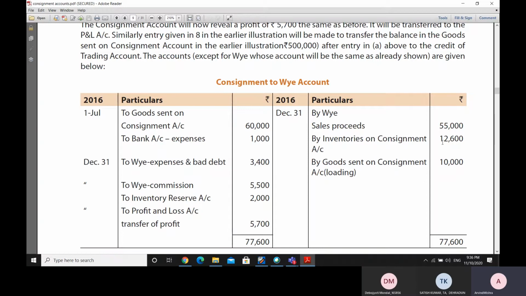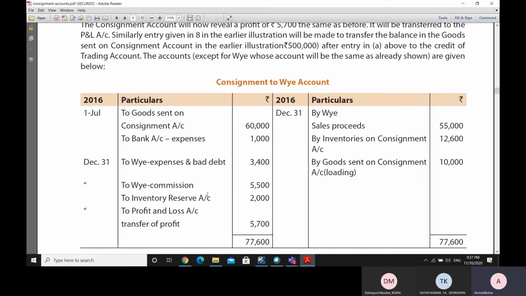So to reduce the loading factor, we will put a debit here in the consignment account. So we are putting a debit here to reduce this loading factor of 2000, and so therefore 2000 will cancel against this 2000. But when we are debiting the consignment account to cancel out the loading factor, we are crediting the inventory reserve account with that amount.